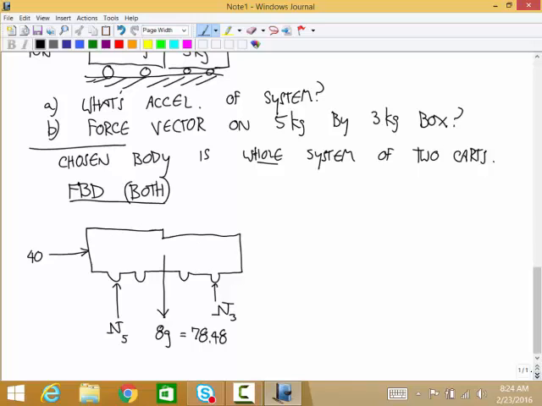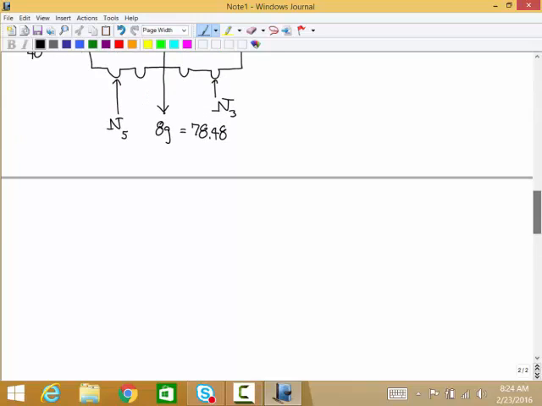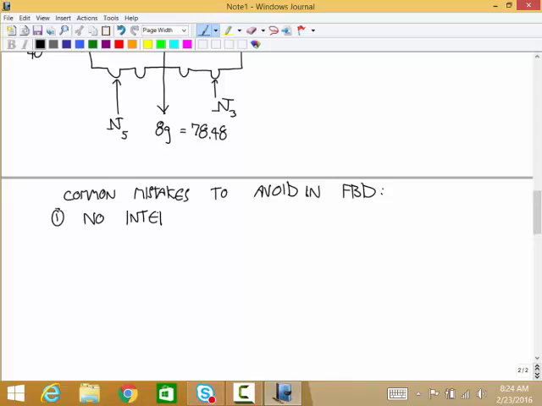So what are some things to look at? Here are some common mistakes to avoid in the free body diagram. The first one is don't draw any internal details.